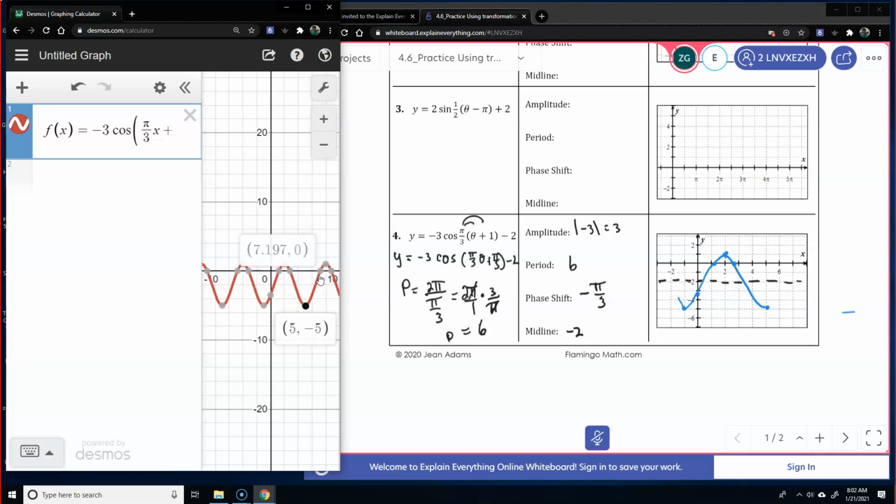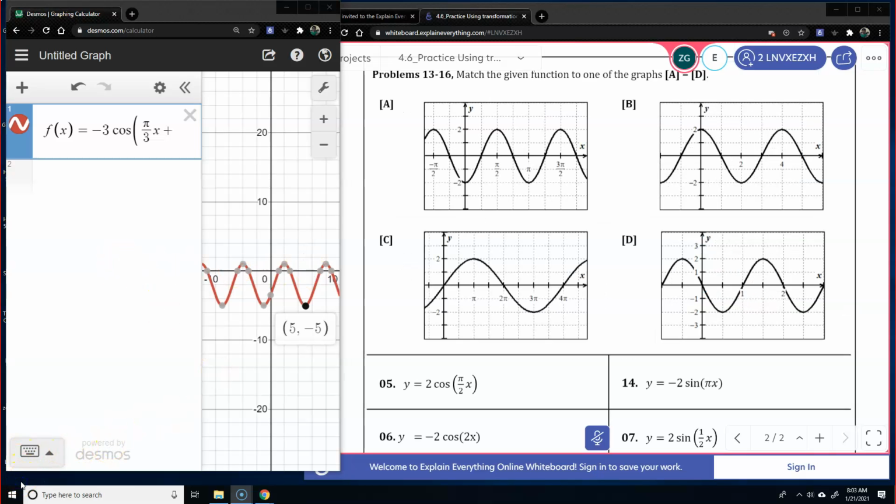From here, -1 to -5, that would be the period, that'd be 6. Then it starts repeating again, okay?